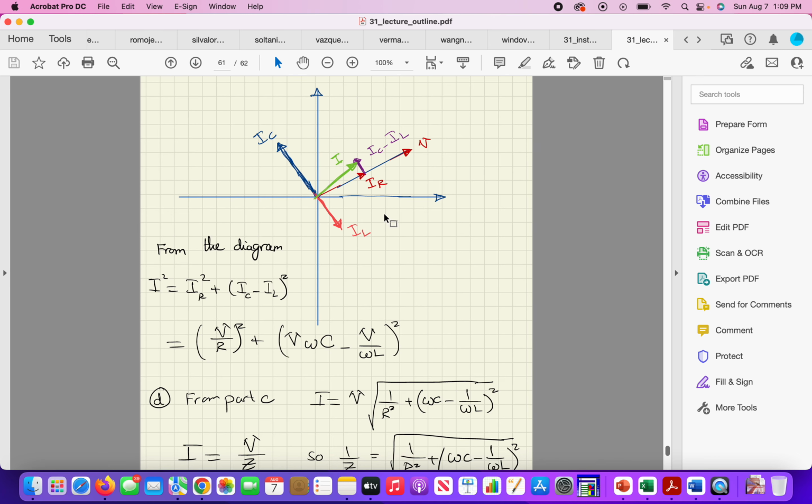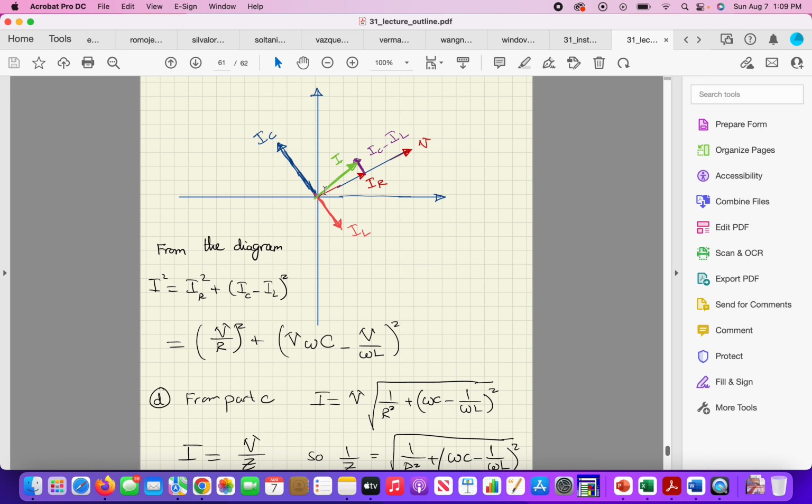It is drawn here. This is the current amplitude across the resistor, and this is its voltage. Now, remember, IC and IL have 90 degrees between them and their resultant is IC minus IL.